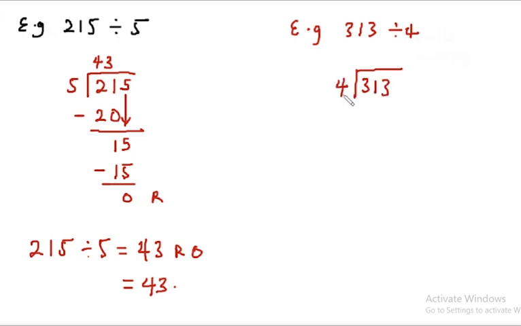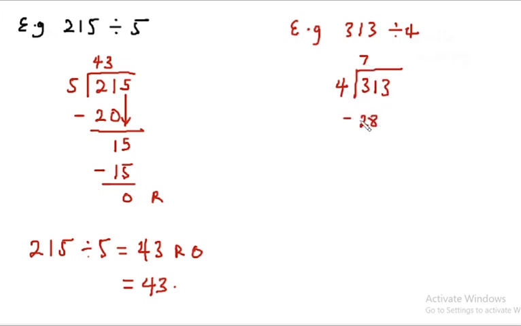Then we write 4 outside of it. So the question is to ask ourselves, for the first number, 3 divided by 4. Can 4 go into 3? No. So we pick the next two numbers. So we have 31 for the first two numbers. Dividing it by 4, 4 can go into 31 7 times. So we have 7 here. 7 times 4 is 28.